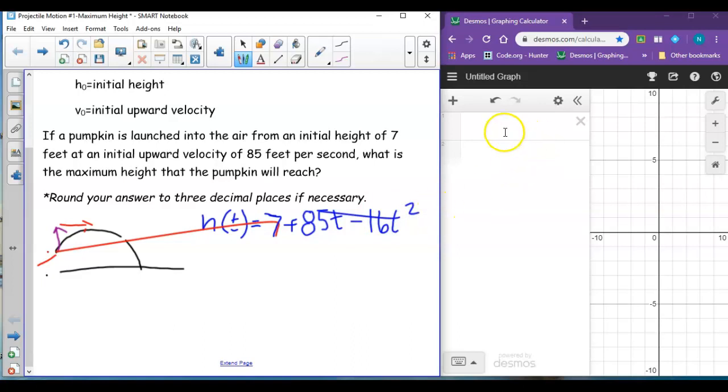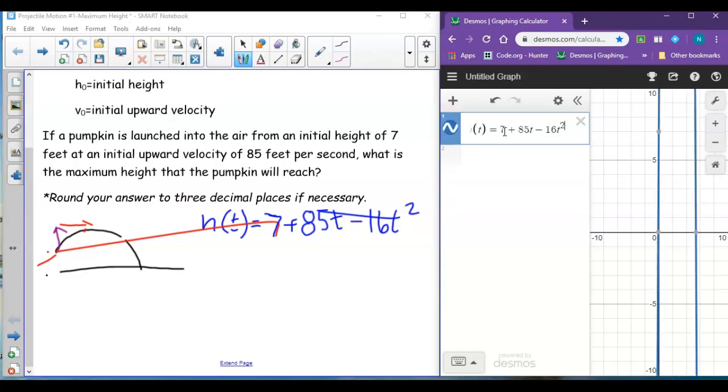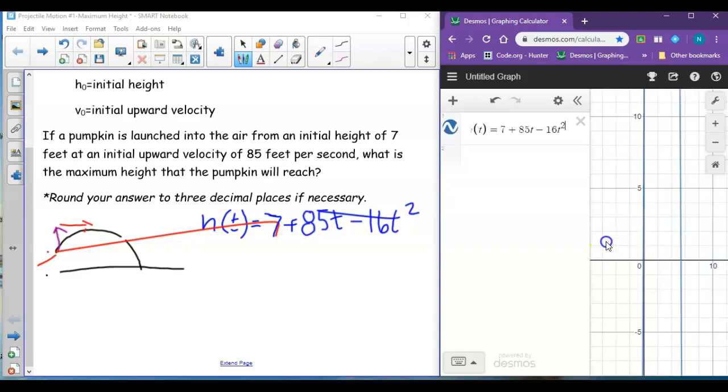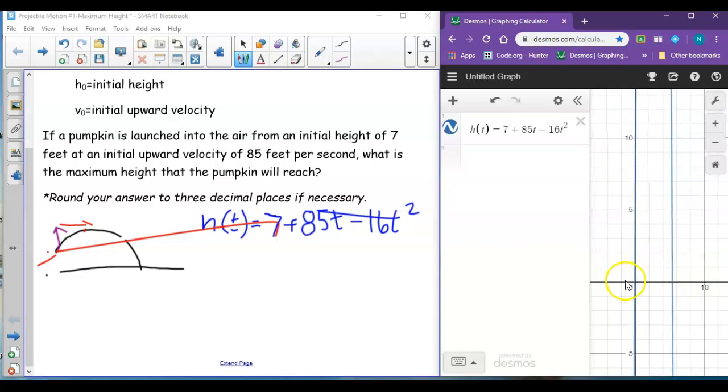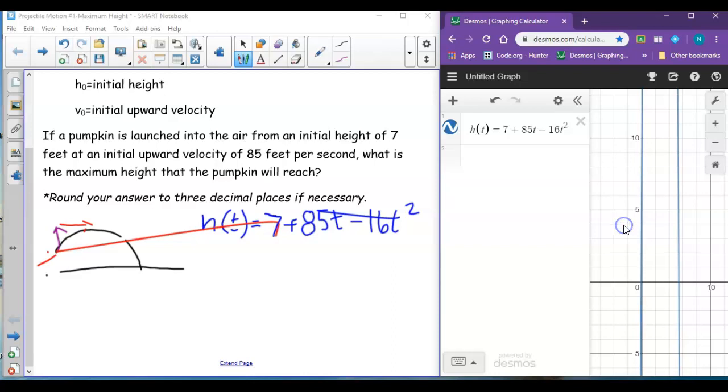And all I'm going to do is just type this into Desmos. If you just go to desmos.com, we're going to type this in: h of t equals 7 plus 85t minus 16t to the second. And it's going to give us a graph. Now this graph does not look all that good because the pumpkin goes a lot higher than 10 feet.